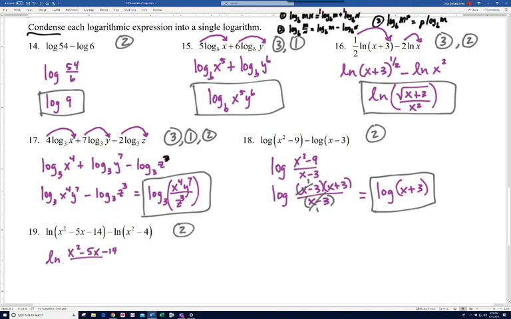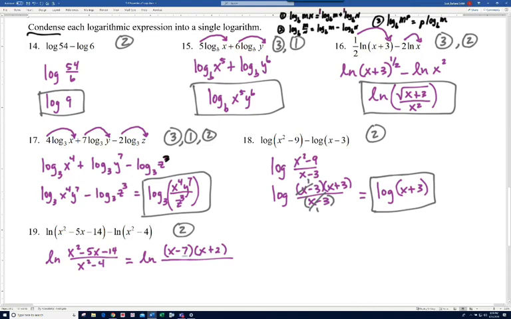All right, so first of all, you should have used the quotient rule, and notice the numerator and denominator factor here. So I need, using the AC method, 2 numbers that multiply to negative 14 and add to negative 5. Of course, that would be negative 7 and positive 2, right?